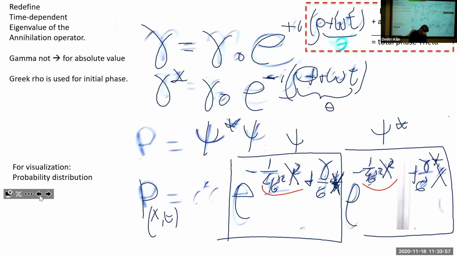Well, we can shift the center of the distribution right away for the wave function, but it is not our goal. The wave function itself is not an observable.